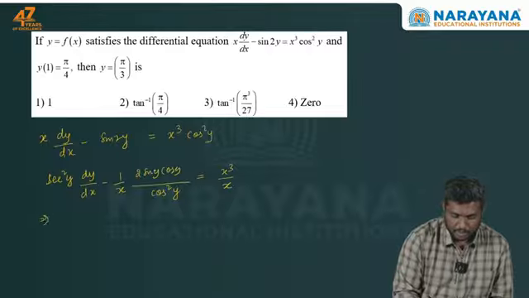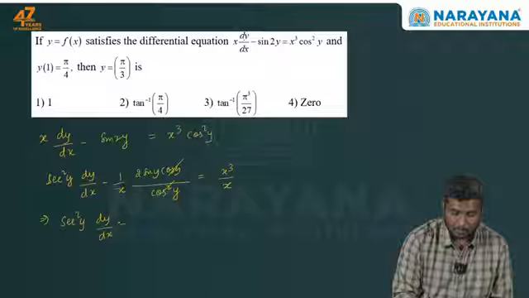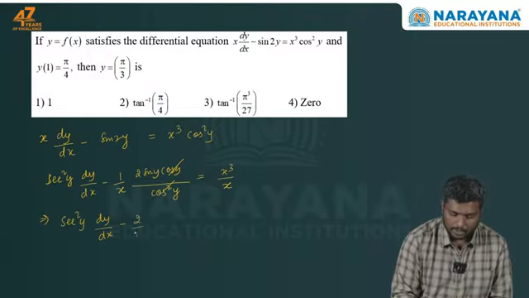So guys, here one cos y gets cancelled out, so I will have secant square y dy by dx minus 2 by x into tan y, which is equal to x square.